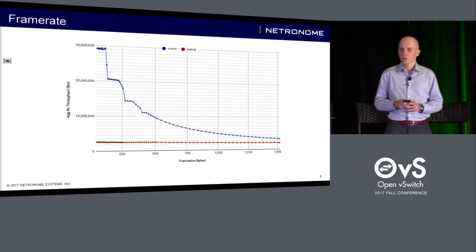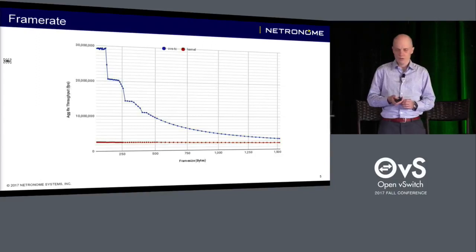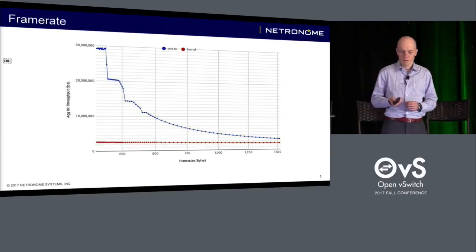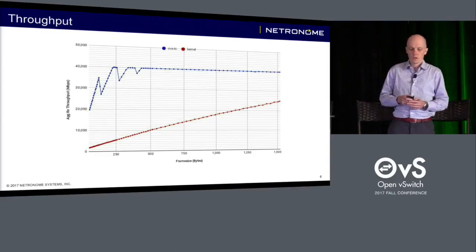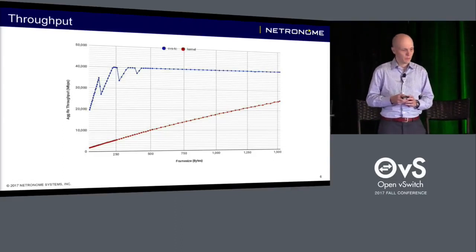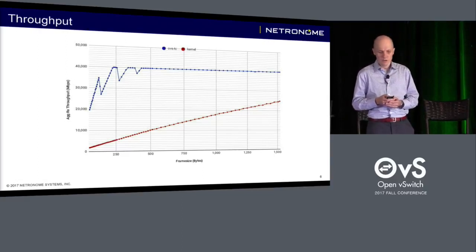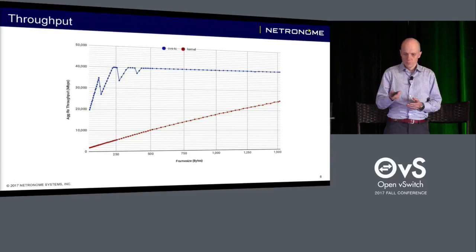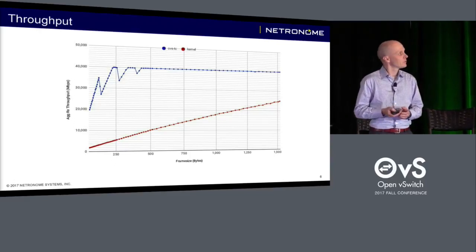I'm a kernel guy, so I didn't put the DPDK stuff here, but these numbers are quite nice. This is the number of packets per second varying with frame size, and this is the same test run, but here it's looking at the throughput, and you can see we can achieve the full 40 gigabit line rate once the packets get over the very, very small sizes.